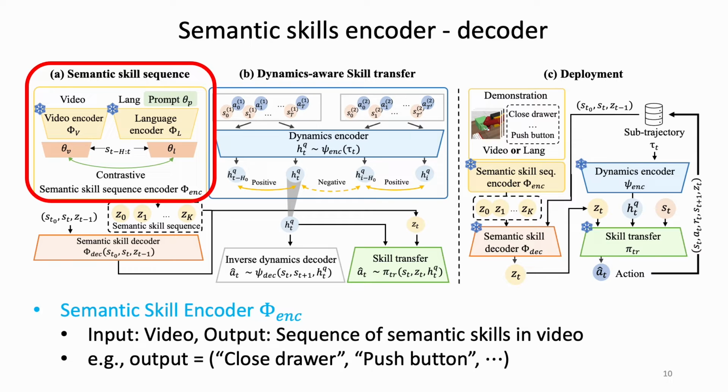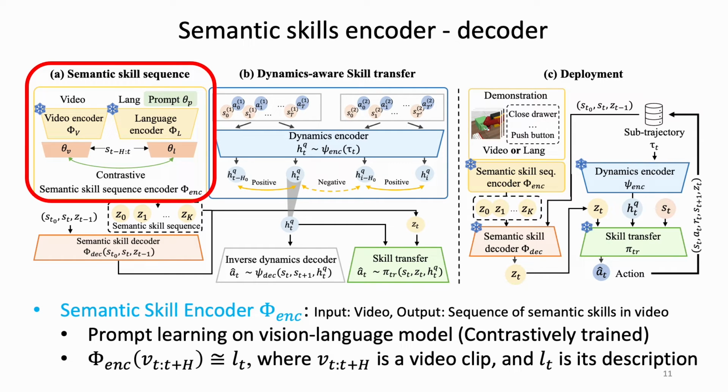For example, the output of this module could be a sequence expressed in text form, such as close drawer, push button, and so on. In this context, each instance of close drawer is a semantic skill present in the video demonstration.